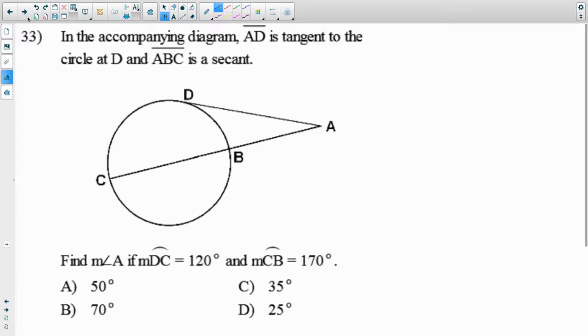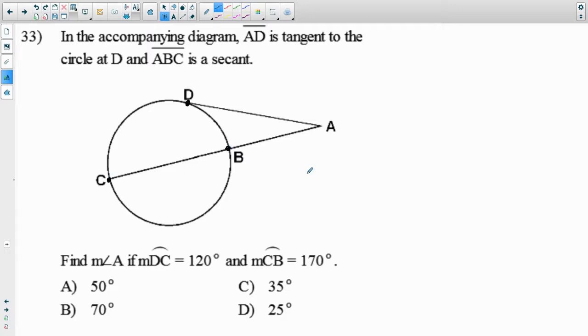And yeah, one final question here, number 33. In the accompanying diagram, AD is tangent to the circle at D, and ABC is a secant. All right, well, if AD is a tangent, that means it's going to just hit at that one point. And if this is a secant, it's going to hit at these 2 points, dividing the circle into 3 arcs.